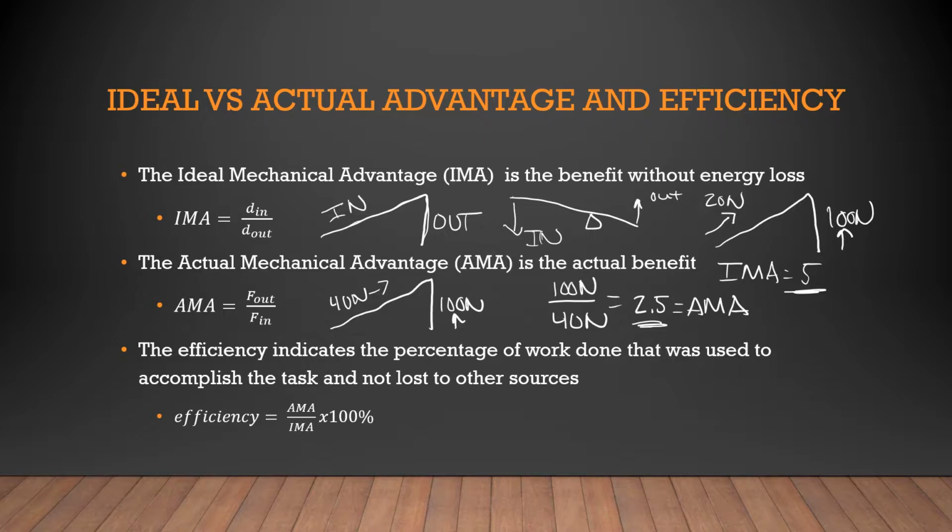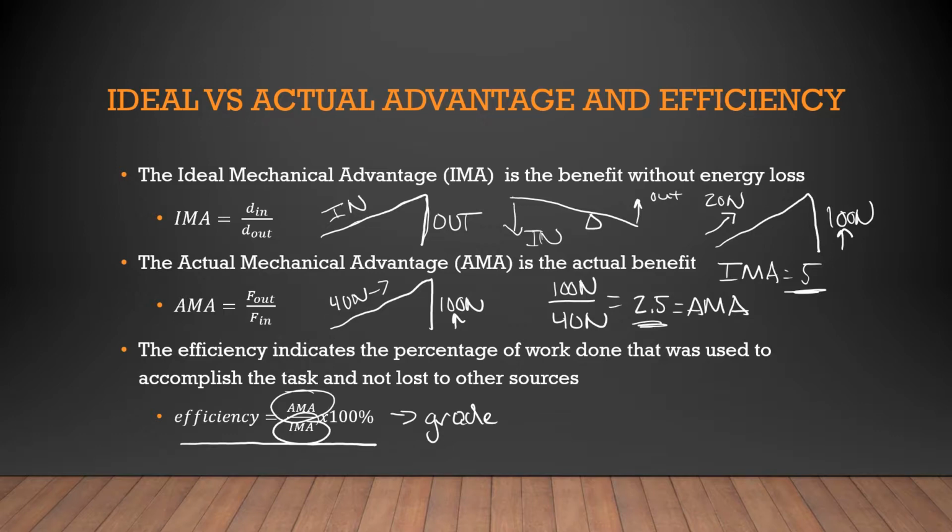So for this one here, we call it our efficiency. We're going to do that by finding the AMA over the IMA. One way you can think about this is kind of like a grade. You're going to take your score, the AMA, divided by the perfect score, the IMA. Kind of like how you would find your grade on a quiz.